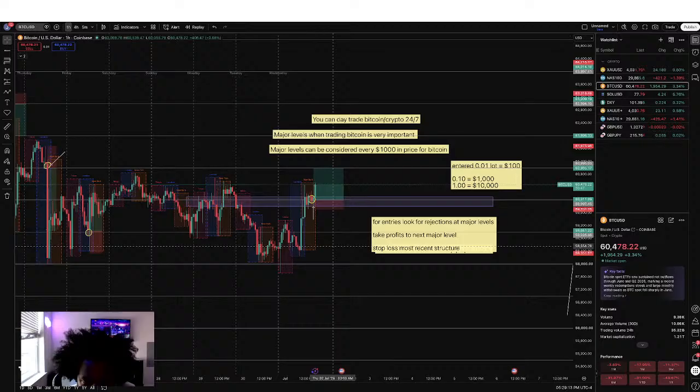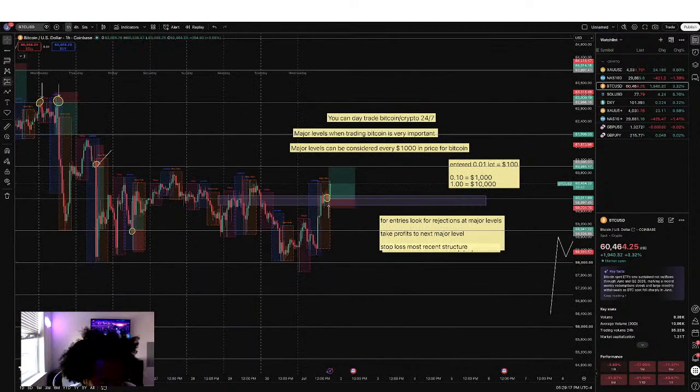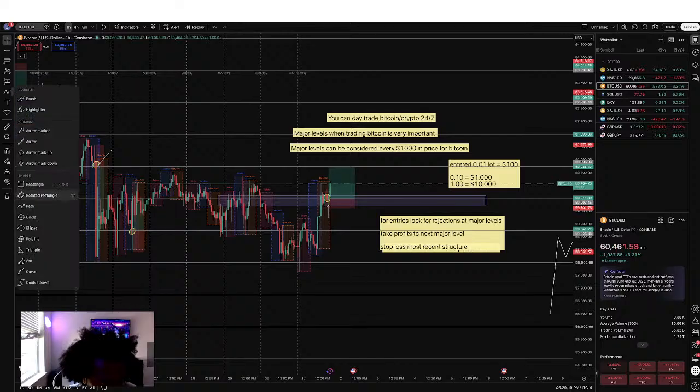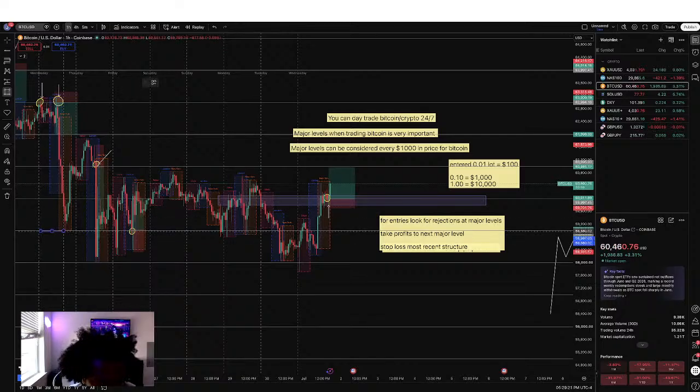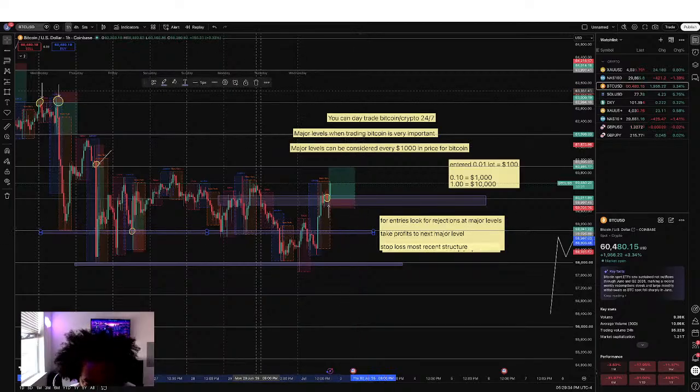You're simply knowing that the market reacts at major levels. So you can see even this area right here, major level. This area right here, major level. You can just see various amounts of rejection off of these levels.